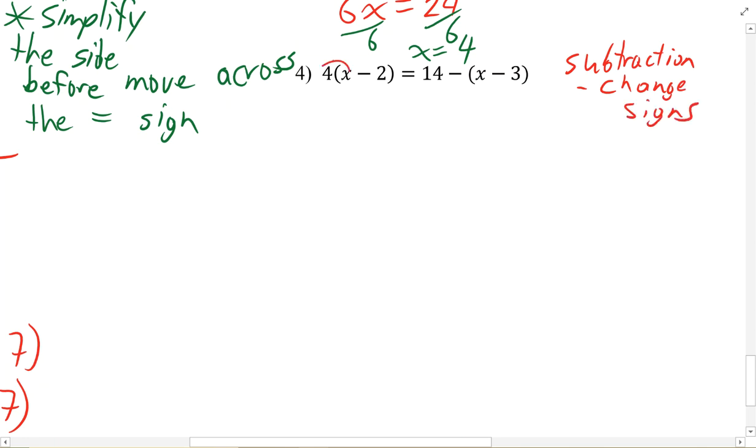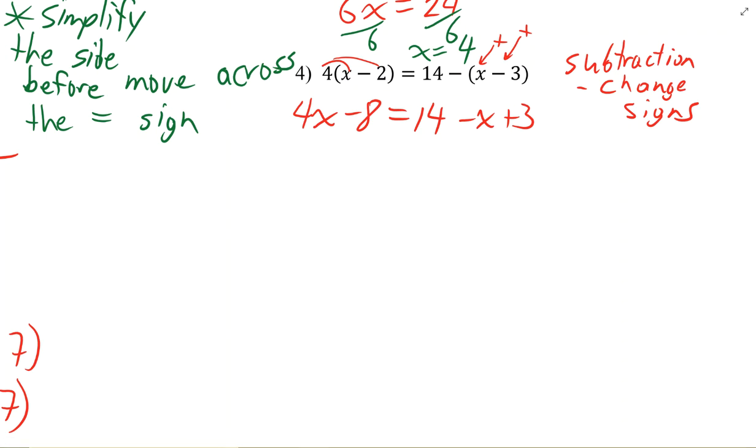So multiply in, we get 4x minus 8 equals 14. And so now this comes from a plus x into a minus x, and this changes to a plus 3. So now that the brackets are dropped and your signs are corrected, now you're subtracting correctly.